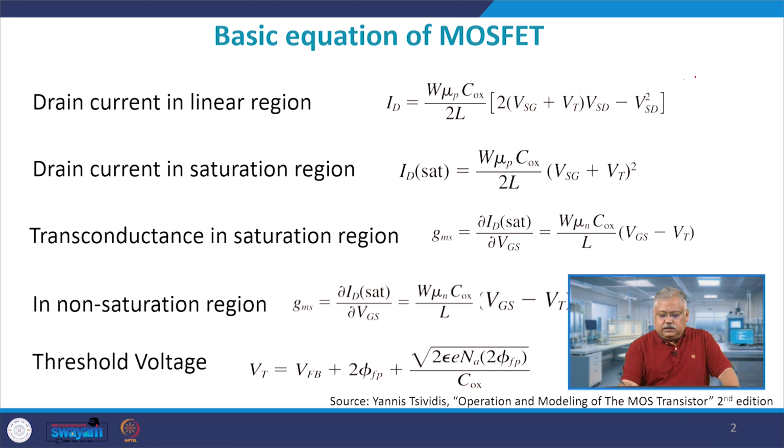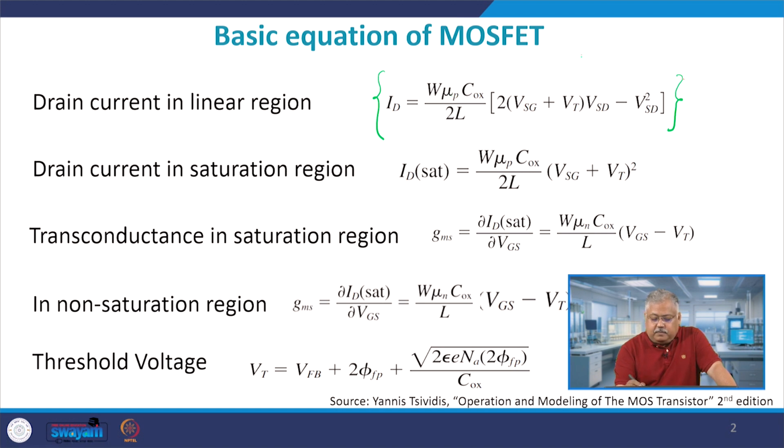Let's revisit the basic equations of MOSFET. We have seen in our previous discussion that the drain current in the linear region is given by this. I have written here knowingly mu p because it is for p type semiconductor.